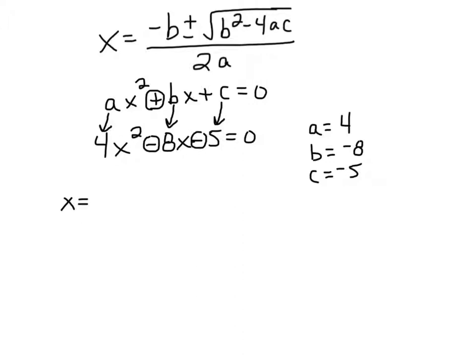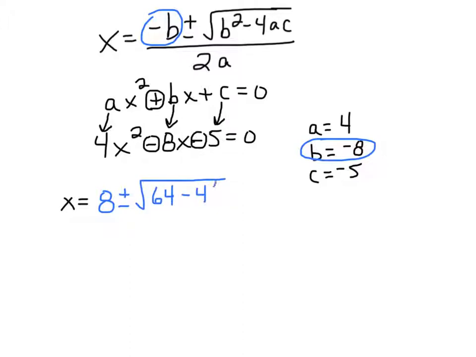I want to know first of all it says the opposite of b. b is equal to a negative 8. So I want the opposite of that. So I'm going to have x is equal to 8 plus or minus the square root of b squared. b is equal to negative 8, so b squared is 64.